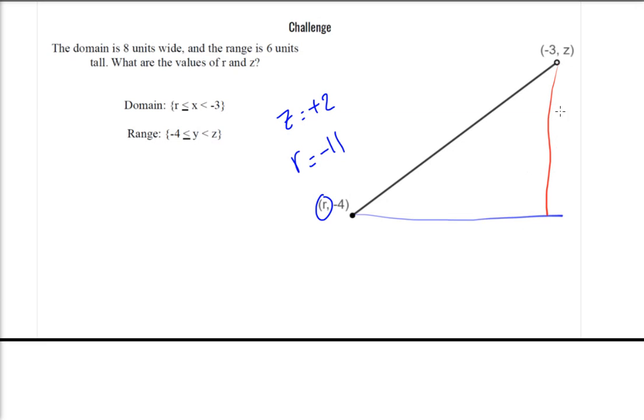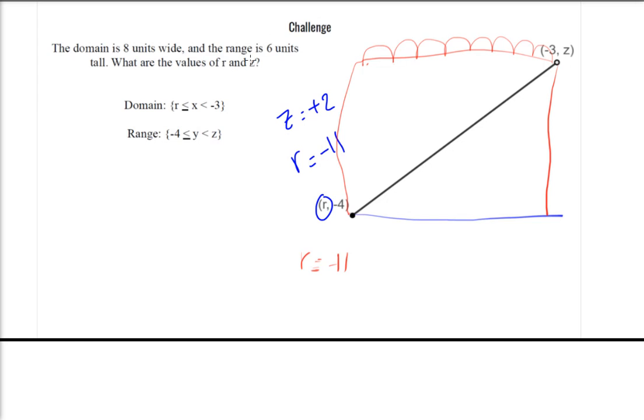This point here is -3, so we're going to go to the left 8 units. 1, 2, 3, 4, 5, 6, 7, 8. If I go 8 units, I'm going to end up at -3, -4, -5, -6, -7, -8, -9, -10, -11. So R is -11.